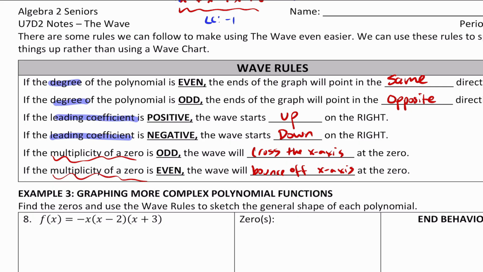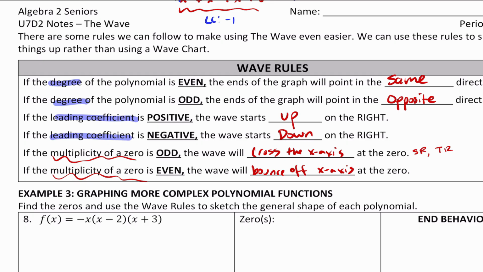If the multiplicity of a 0 is odd, in this case, those are my single roots or triple roots, right? So if you're solving a polynomial function and it has x equals 5 and x equals 5 appears once, the multiplicity of that 0, that x equals 5, is 1 and it's still odd.